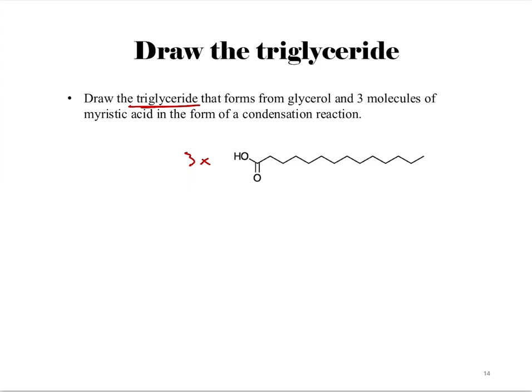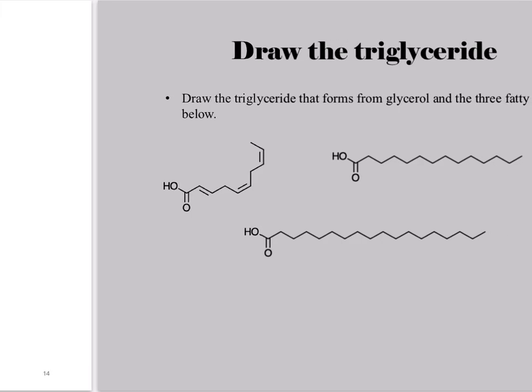So glycerol, which I'm going to draw in a different orientation: OH, H2C, H, CH2, OH, right? This is our glycerol. To draw the triglyceride that would form between these 4 molecules, right? And this is a condensation reaction.